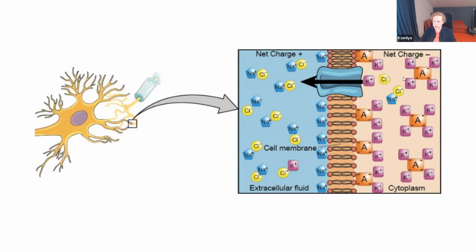Other molecules, such as chloride ions, yellow circles, are negatively charged, and negatively charged proteins, the brown squares, help contribute to a positive net charge in the extracellular fluid and a negative net charge in the intracellular fluid.